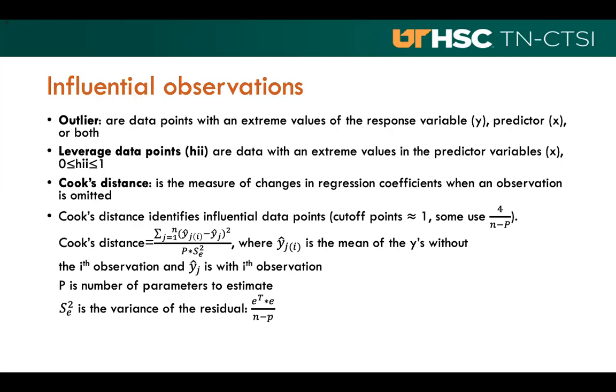A given observation might have a very extreme value for the y variable but a normal range of the x or predictor variable, or both variables can be extreme.